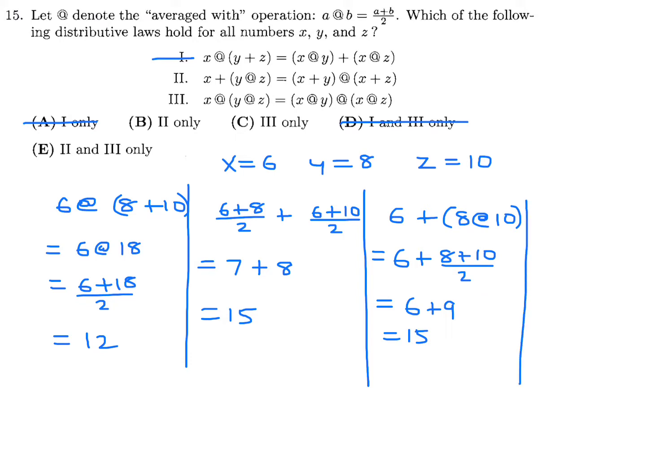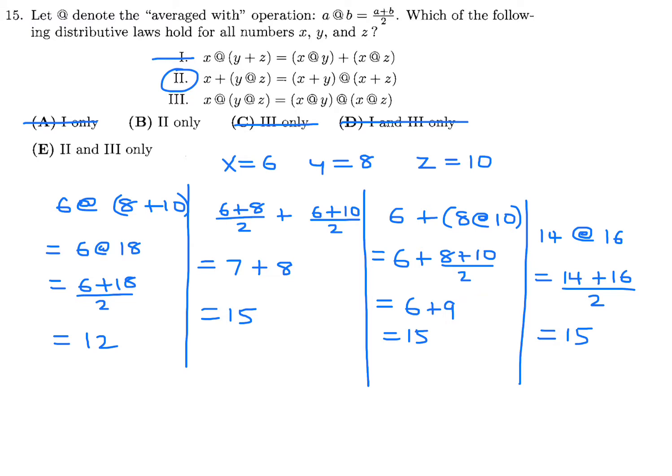And then on this side here, it's going to be x plus y, which is 14 at x plus z, which is 16. So that means it's 14 plus 16 divided by 2, and that is 15. So these two match. So that means 2 is true. Okay? So 2 is true. So 3 only cannot be true because 2 is true. So now we're down to just B and E.